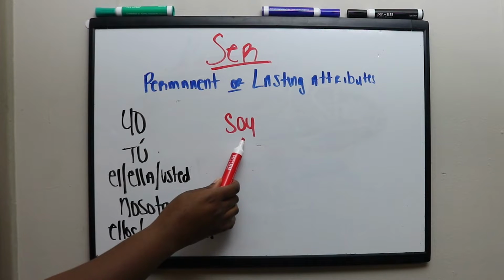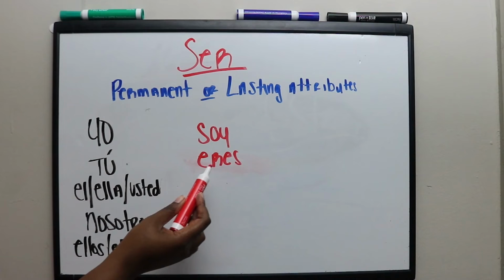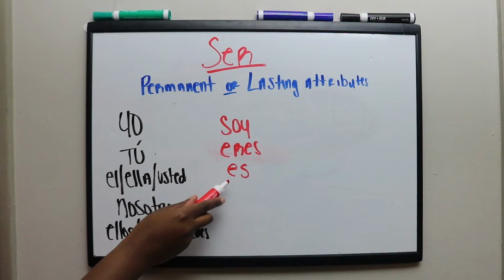So right now we're going to focus on the indicative present. That means right now and in the future on how to use ser. The yo conjugation of ser is soy. The tú conjugation of ser is eres. The él, ella, y usted conjugation of ser is es.